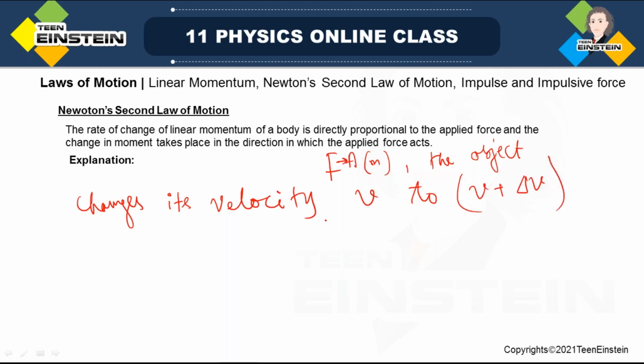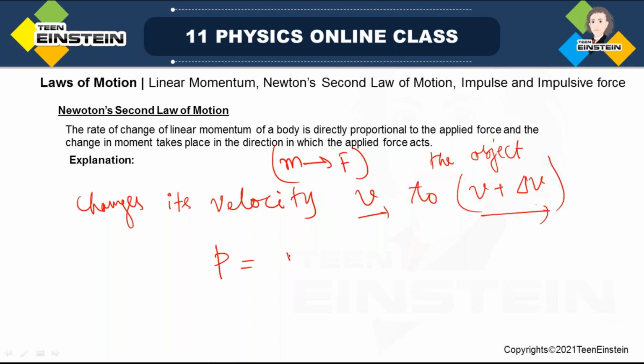So I have an object, small m. When it is acted upon by an external force F, the object changes its velocity from v to v plus delta v. So what is the change in the momentum?